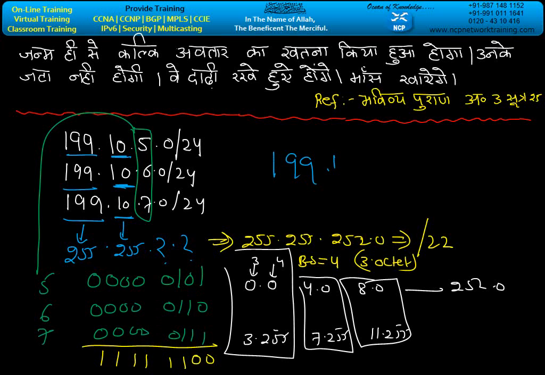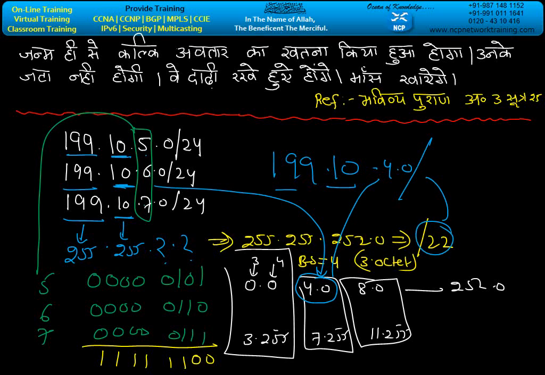The predefined number is 199.10. We cannot change it. In the third and fourth octet, 5, 6 and 7 are coming in the second group, and in place of the third and fourth octet we will place 4.0 and this mask will apply here.